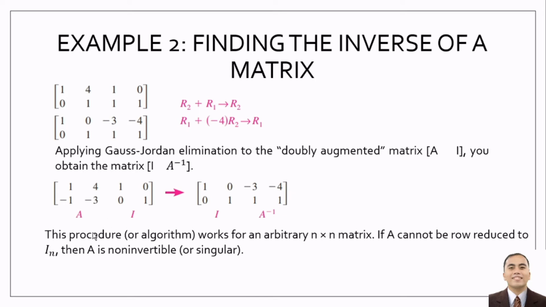So this procedure or algorithm works for an arbitrary n by n matrix. If A cannot be row reduced to I sub n, then A is non-invertible or singular.